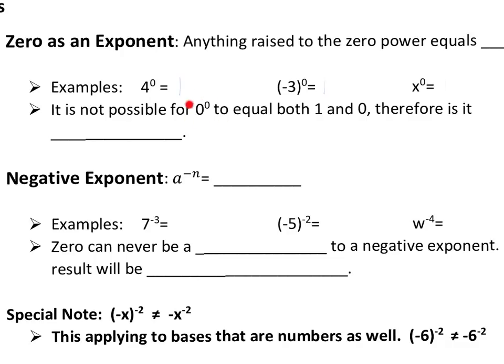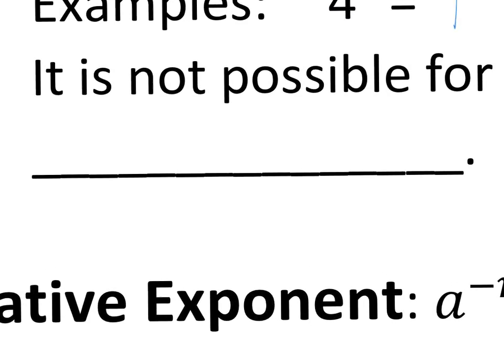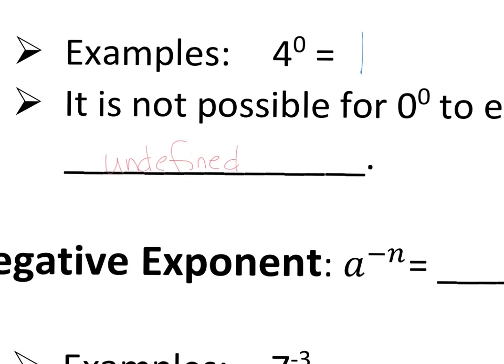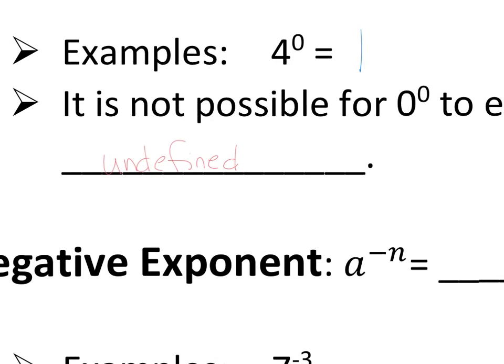If you plug 0 to the 0 into your calculator right now, you're going to end up with a math error because you have nothing to the nothing power. So when you have 0 to the 0 power, you're going to get undefined. Pretty much everything except for this one special case is equal to 1.